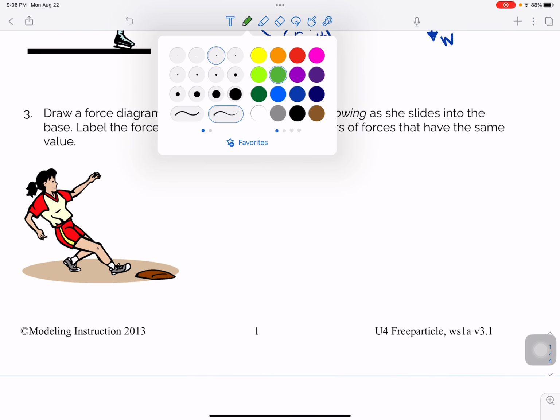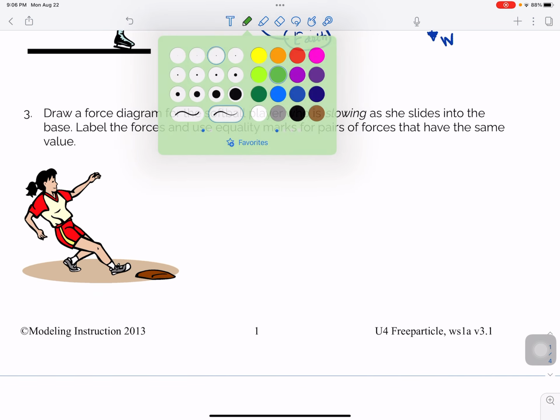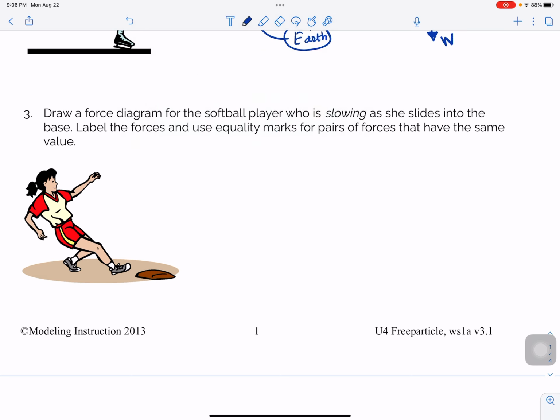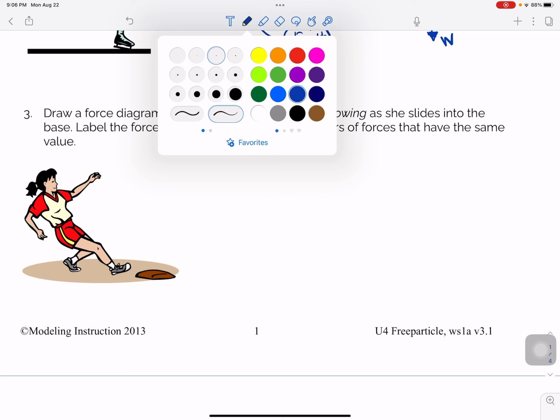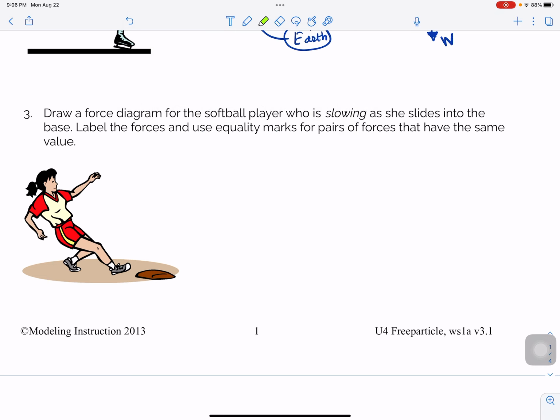Okay, next one. Draw a force diagram for the softball player who is slowing as she slides into the base. Okay, so again, this is slowing.